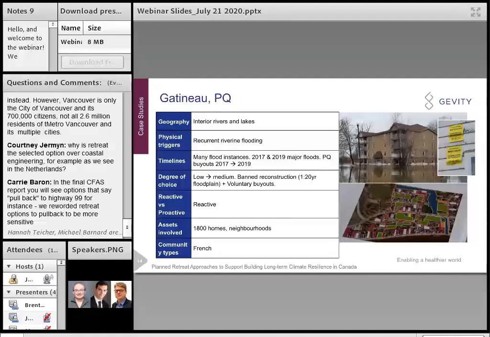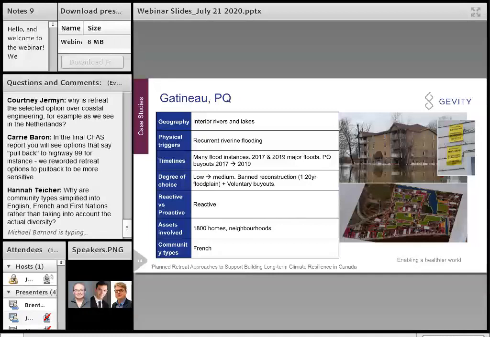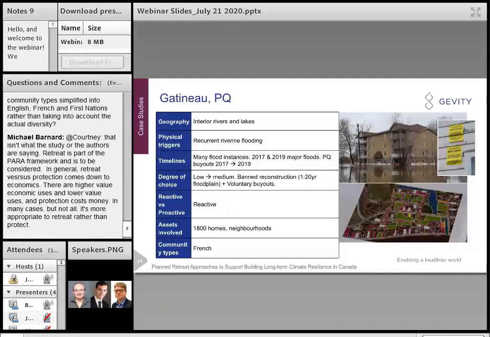The other portion of the planned retreat program by the Quebec government, in Pointe Gatineau especially, is that some of the homes are located in the 1 to 20 year floodplain. So in those cases specifically, planned retreat is not voluntary. Homeowners are not allowed to rebuild after flooding.